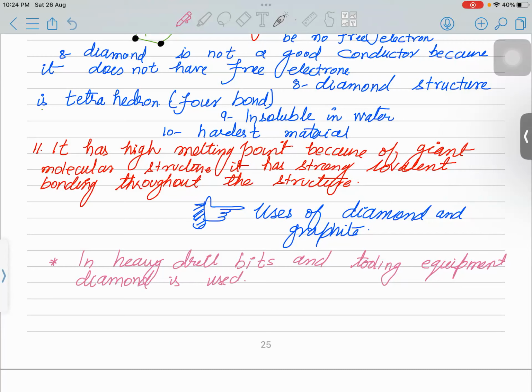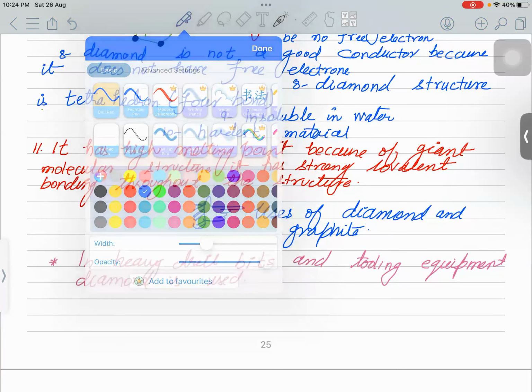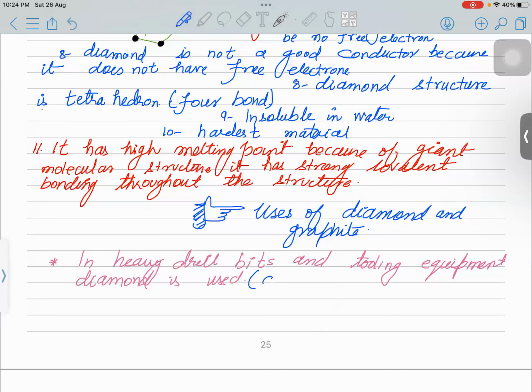We know that diamond cuts diamond because it is the hardest known material.